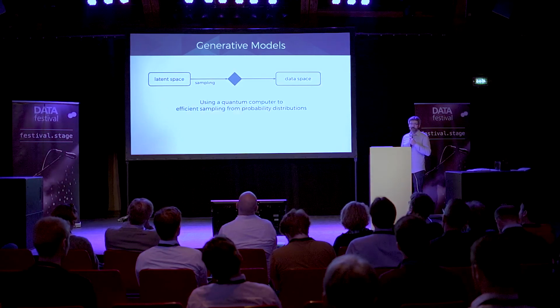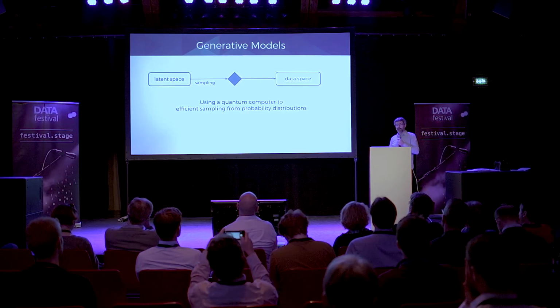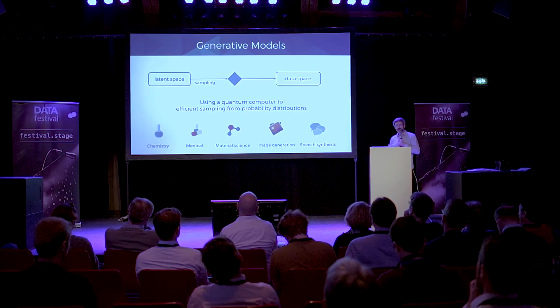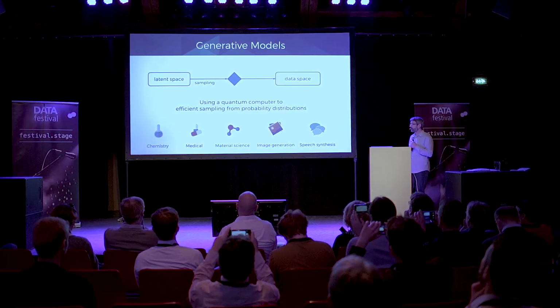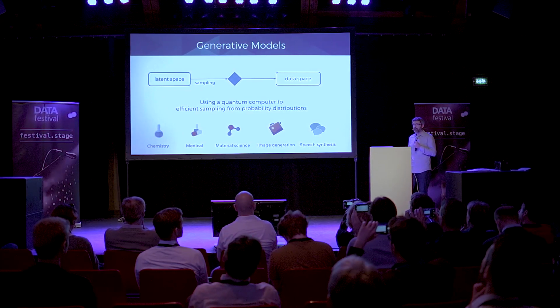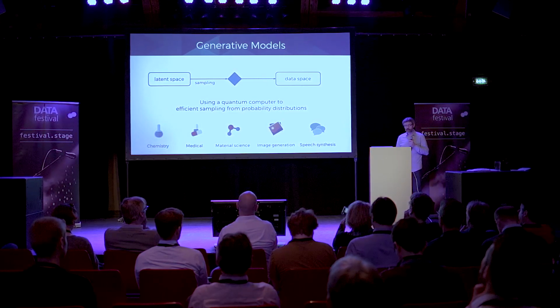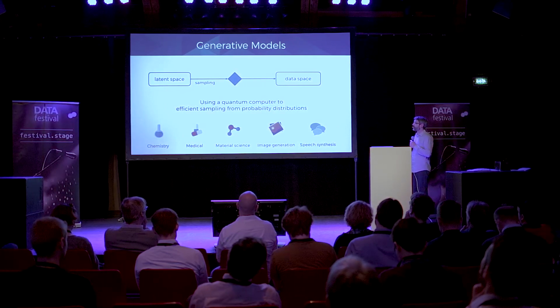And that is what can really be done efficiently on a quantum computer. And it's not just some hypothetical toy model, but it really has real-world applications, as for example in simulating chemistry or in finding new drugs, and also, as we've seen before in the talk from Florian Roman, to generate new images or to synthesize speech.